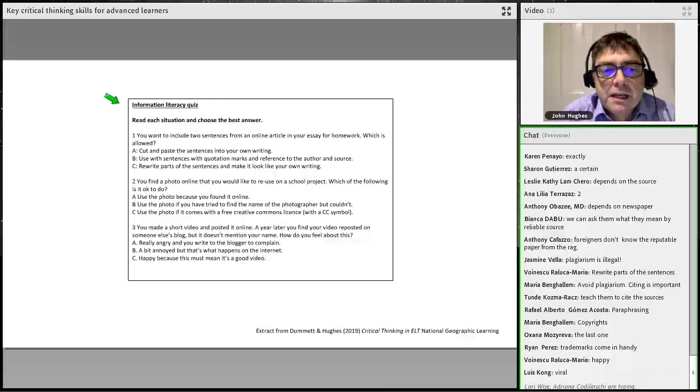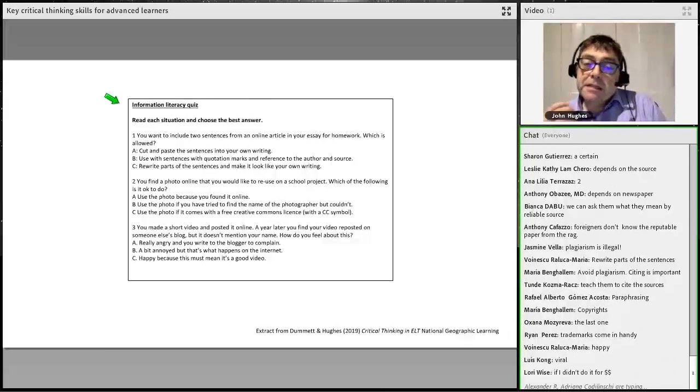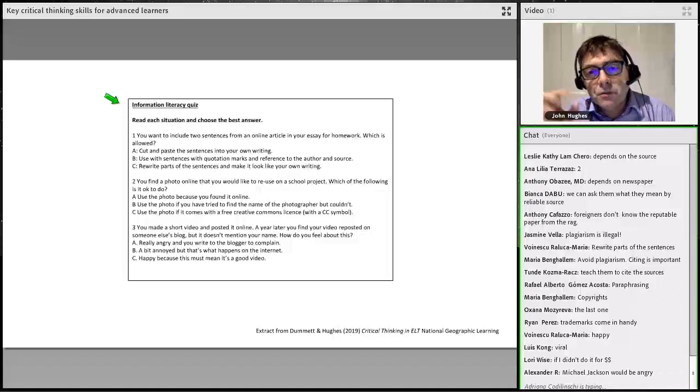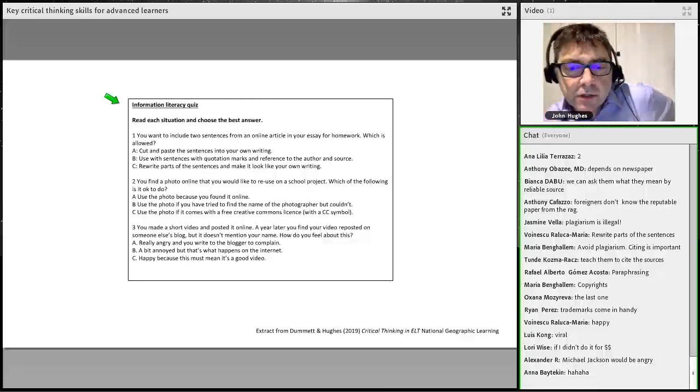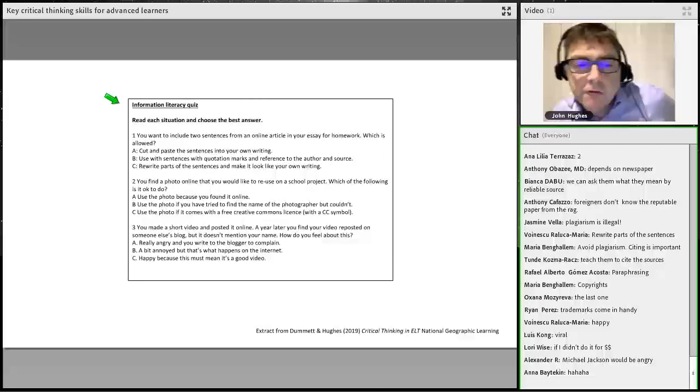The point is, with that exercise, it's a nice vocabulary exercise because it contains a lot of interesting vocabulary for students. But it's also raising their awareness of information literacy in terms of doing research on the internet. And you can create more questions. And in fact, I have a book coming out next year called Critical Thinking in ELT that I wrote with Paul Dummett.